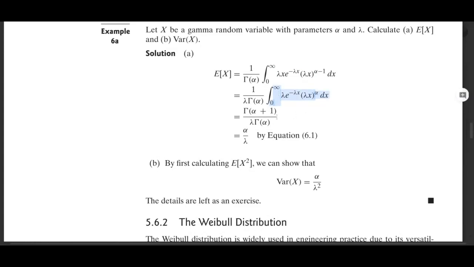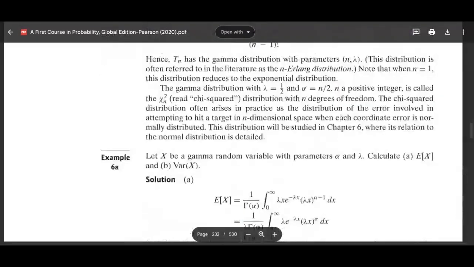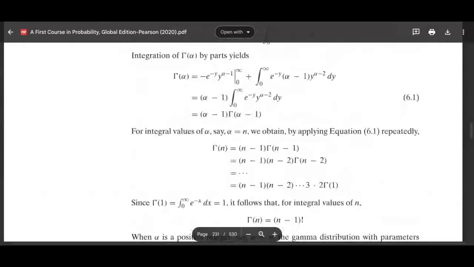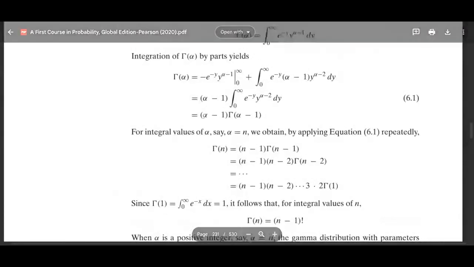Rewriting this, in the end we integrate and get gamma of alpha plus 1 over lambda gamma of alpha, which equals alpha over lambda.